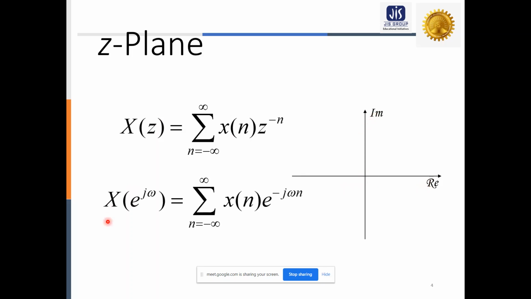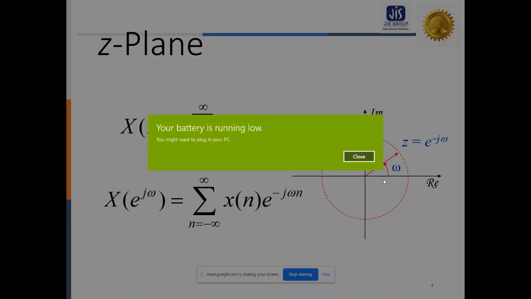If we plot X(e to the power j omega) from here, this is z and this is omega, the angle with respect to the real axis.